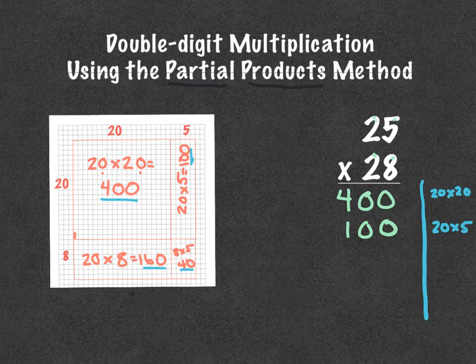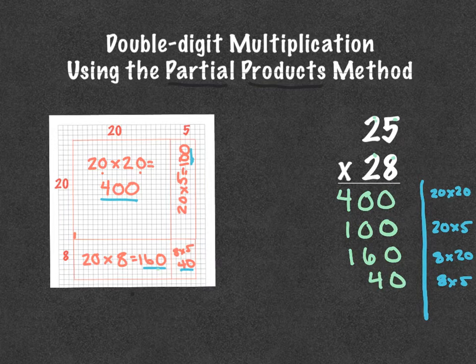So 8 times 20 is 160. And then 8 times 5, which is 40.